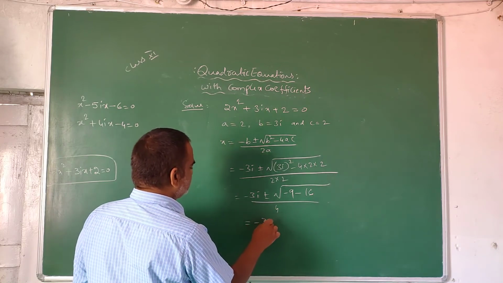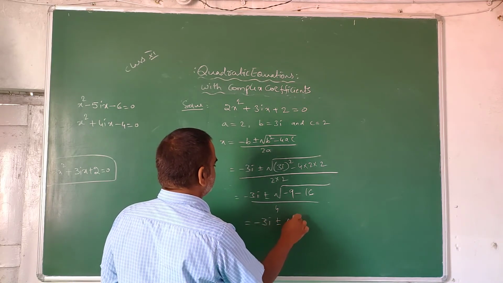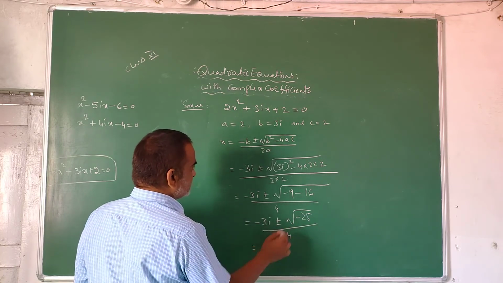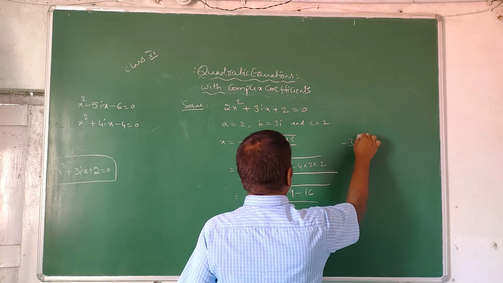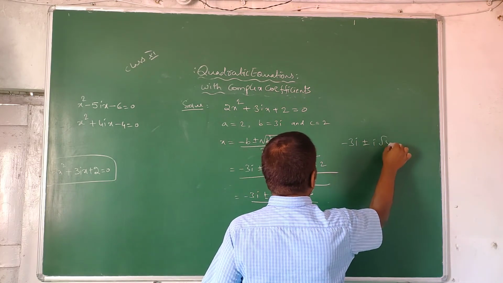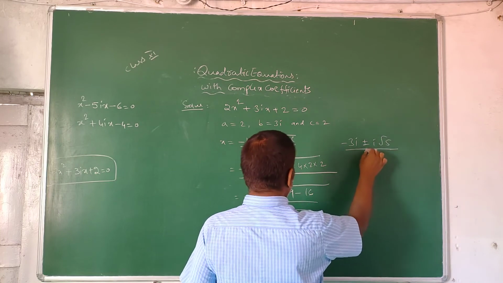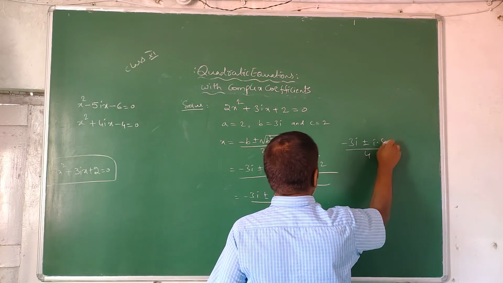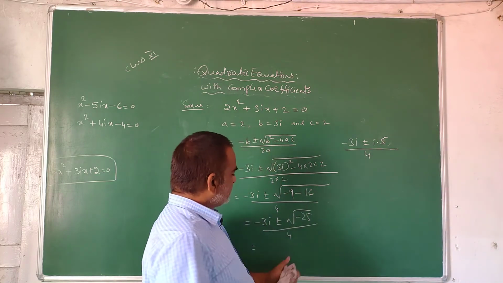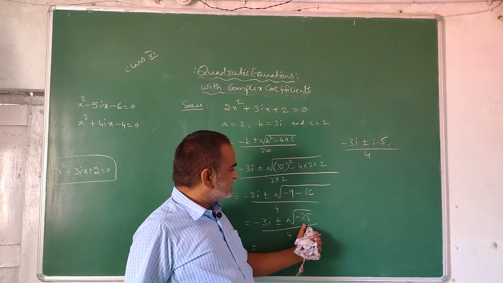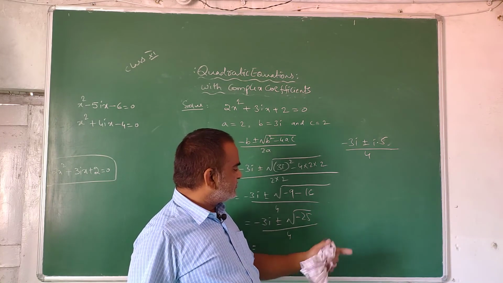It's equal to minus 3i plus or minus root minus 25 by 4, which is equal to minus 3i plus or minus root minus 25, which is i root 5... sorry, root minus 25 is i into root 25.